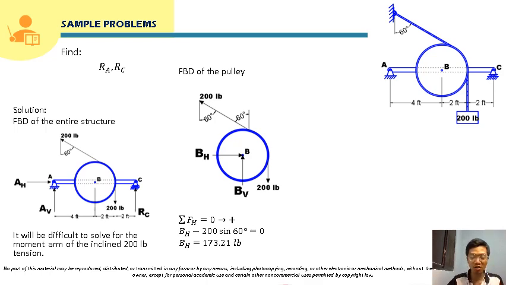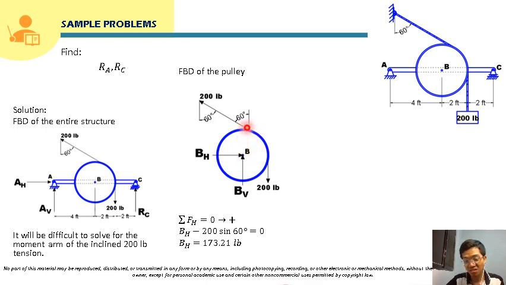We would find it difficult to solve for the moment arm, because if we sum up moments at B, we don't know the perpendicular distance of the 200 pounds, since the radius is not the perpendicular distance here.